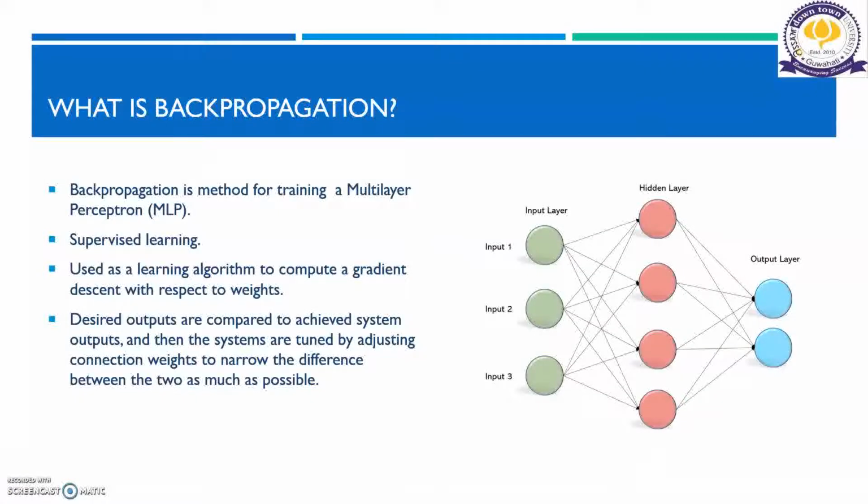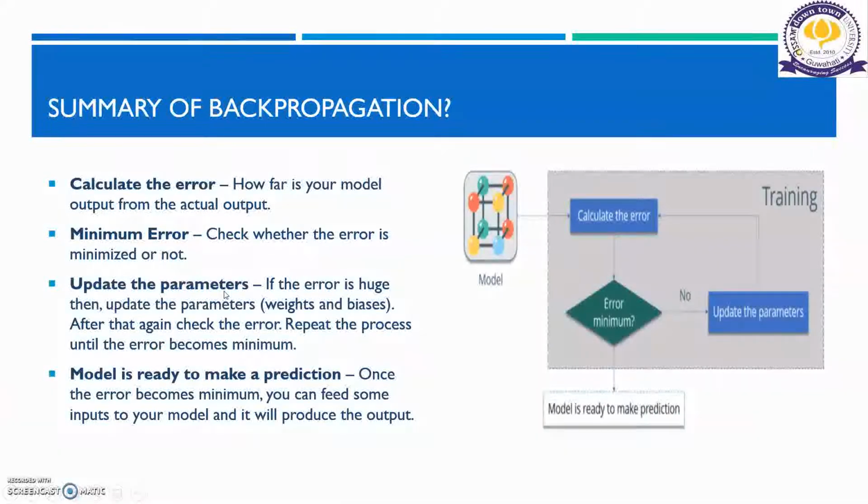Now the special thing about backpropagation is that it uses gradient descent with respect to the weights. I'll tell you about gradient descent in later slides.